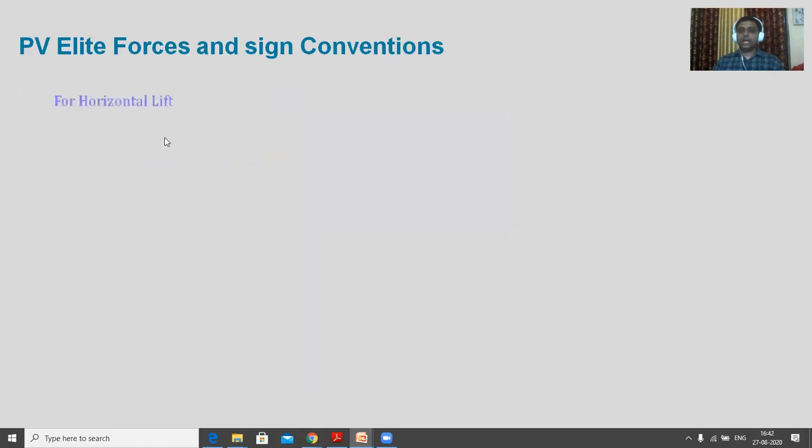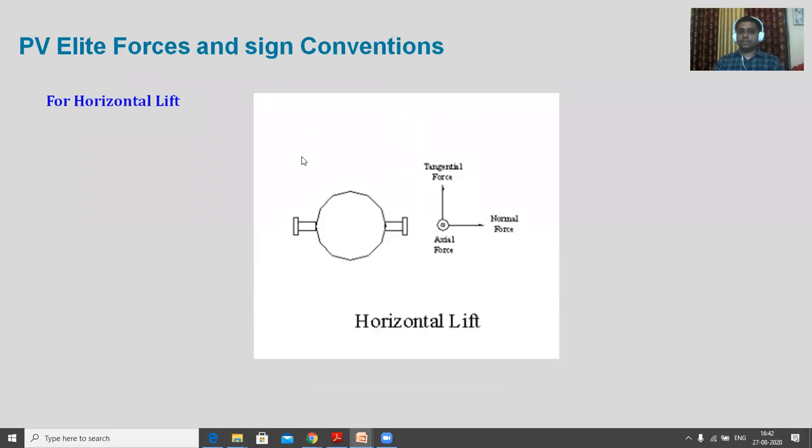But if we have horizontal equipment, let's say, and we are going to lift it either by single point lifting or with the help of the spreader beam, then how will these forces look? Now, please do remember, the axial force will be along the axis of the vessel. It is nothing but a point, right? So the axial force is nothing but a point. Here we can see the tangent to this circle will be the tangential force.